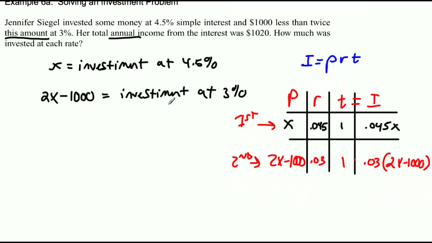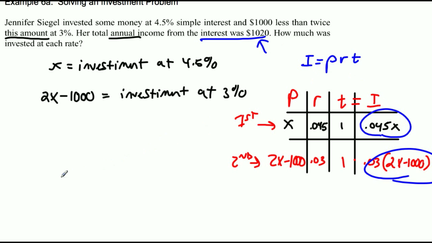Well, the problem says that the total annual income from the interest was 1020, meaning if I add both interests together, I get 1020. So if I take my first interest plus my second interest, that sum is going to give me 1020.